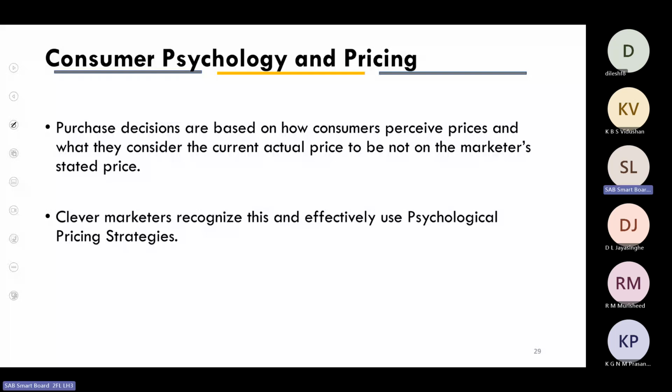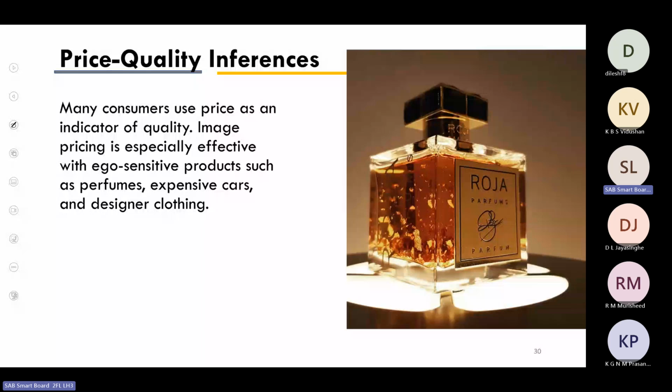That is why we give an important place to price on products, right? So when we are charged a high price, we still pay that amount, because we believe or assume that when the prices are high, the quality is also high. Many consumers use price as an indicator of quality.